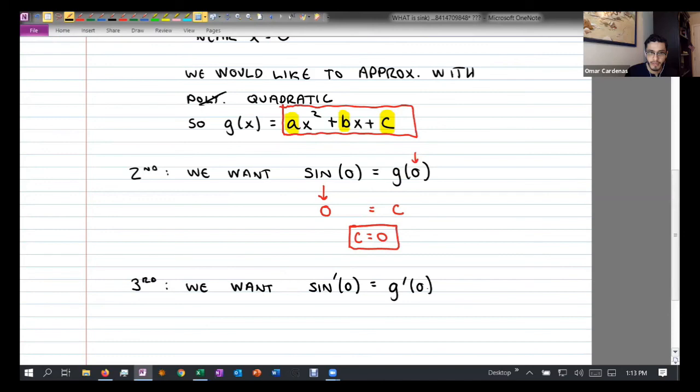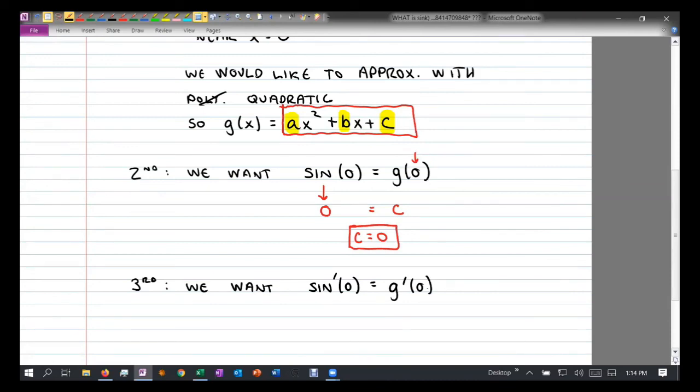You want the derivative of the sine function to equal the derivative of the g function? Yeah, we already know that they're going to have the same y value at 0. But wouldn't it even be better if they both had the same tangent line at 0, like have the same slope? That'd be really good, wouldn't it?